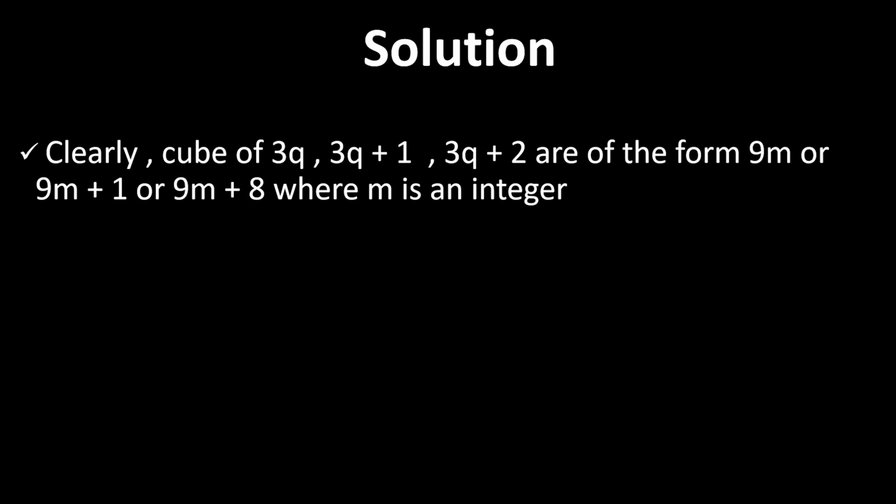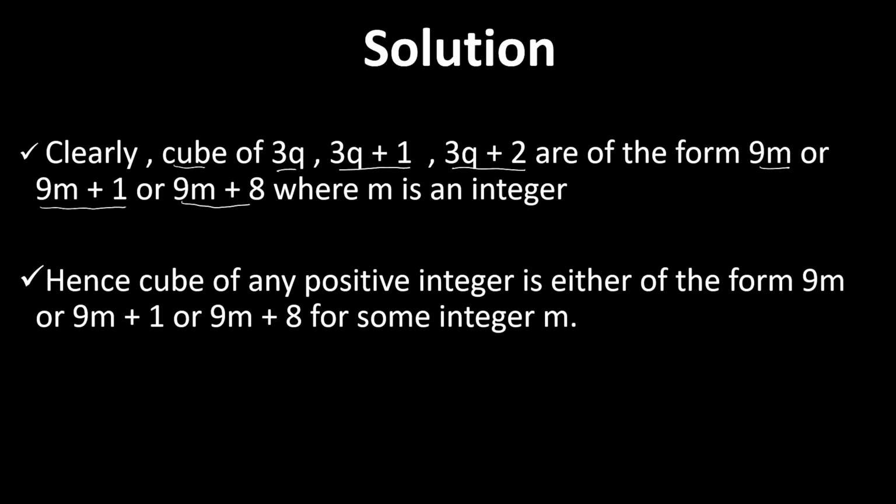So clearly, the cubes of 3q, 3q plus 1 and 3q plus 2 are of the form 9m or 9m plus 1 or 9m plus 8, where m is an integer. And hence we can conclude that the cube of any positive integer is either of the form 9m or 9m plus 1 or 9m plus 8 for some integer m.